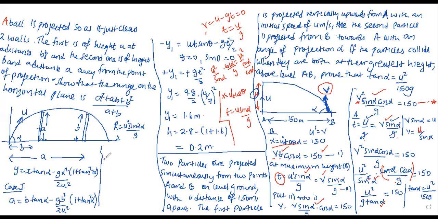Then for the second wall, the height is b, is equal to the horizontal distance, which is a, tan alpha minus g a squared into 1 plus tan squared alpha over 2u squared. This is equation 2. This is equation 1. Let me rub off this part.